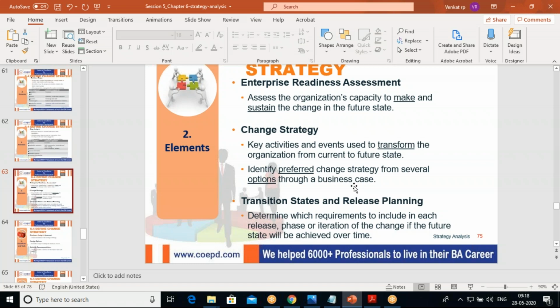Okay, and the transition states and the release planning means that to reach our future state, in between we have transition states to go through, and we have to identify those transition states first, reach them, and from there you can reach your future state. Now for that, we have to understand how we are going to plan the releases, like in an iterative model or in an evolutionary way.